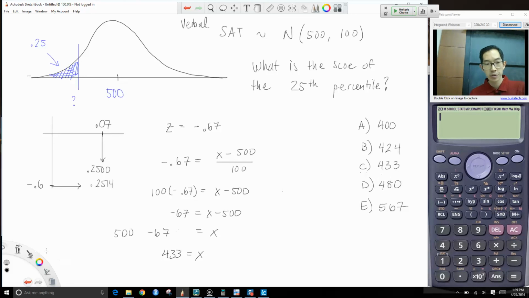And so that there is our answer choice right here. Just solving for x. Is this okay?